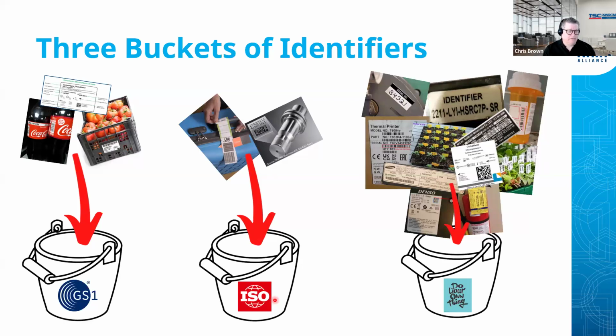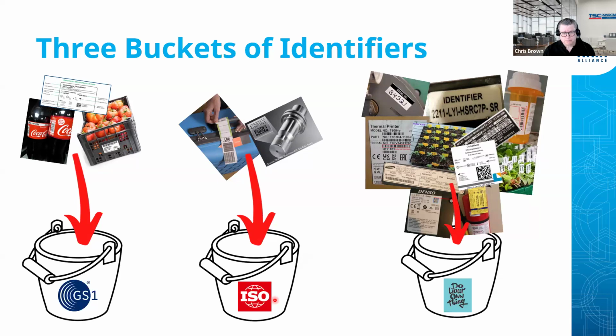I have there the Coca-Cola with the UPC EAN barcode, and you may think, this guy's a moron because that's not a unique identifier. But it is still an identifier, and it's an identifier that we can convert regularly to RAIN RFID encodings. So there's the GS1 bucket.